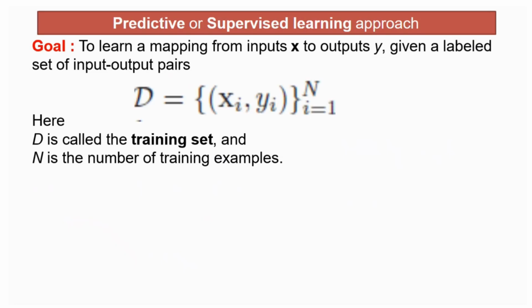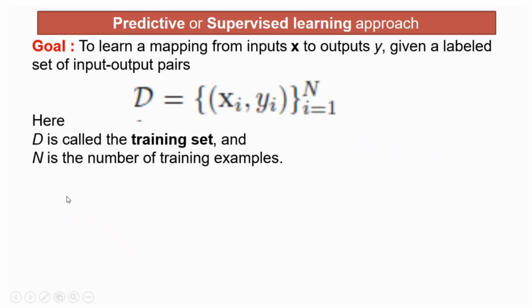This is the notation of supervised learning, where D equals the set of (xi, yi), where i varies from 1 to N. Here D stands for the training set, which comprises N data items with their corresponding labels.